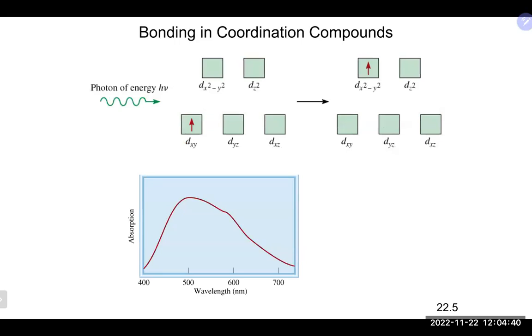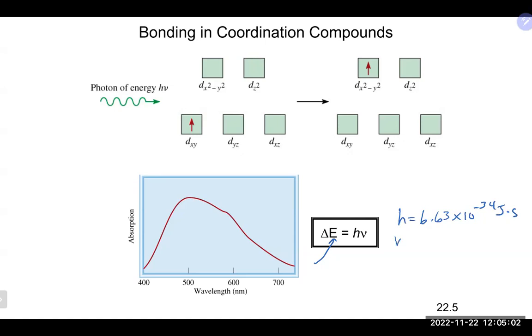So if we look at this, we could calculate a couple of things here. We could calculate the crystal field splitting by using this equation that you might remember from Chem 50. That is, the energy is equal to h times nu. h is Planck's constant, 6.63 times 10 to the minus 34 joules times seconds.